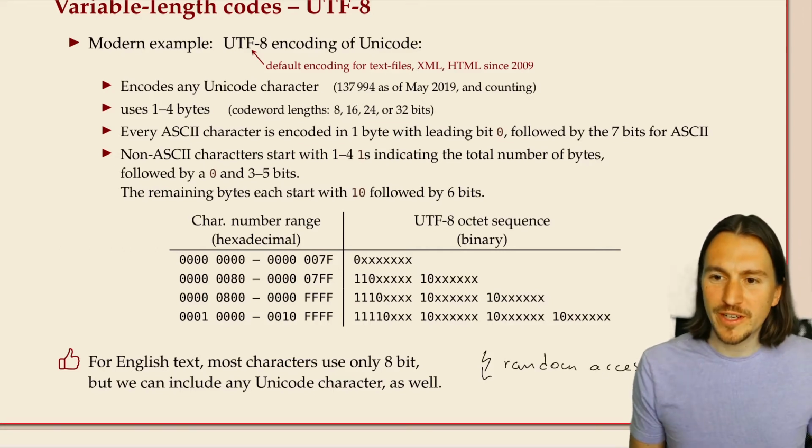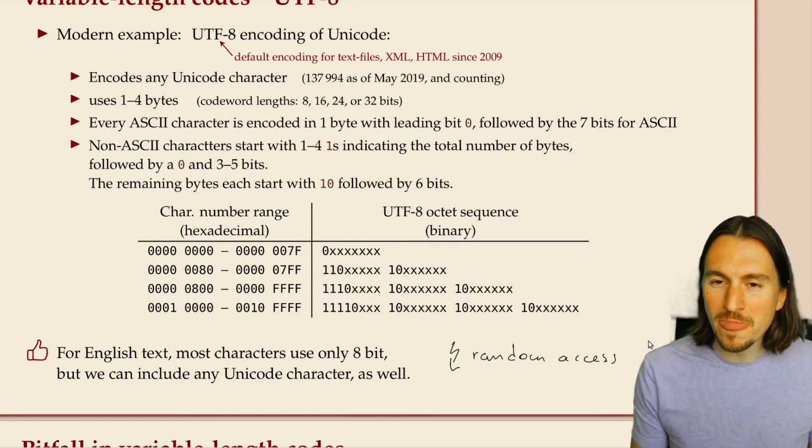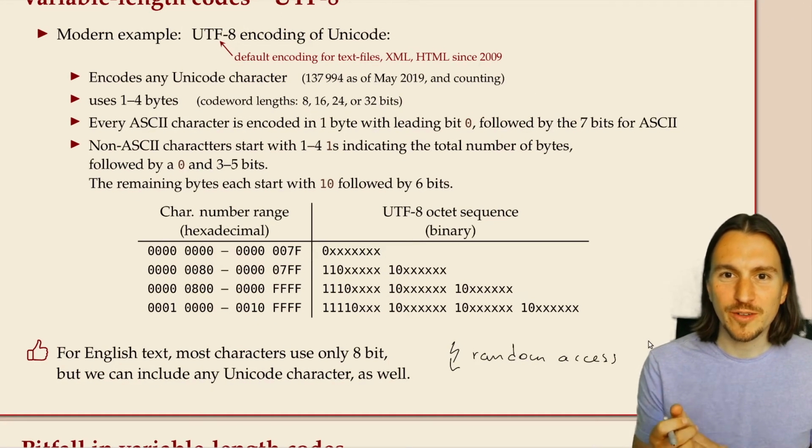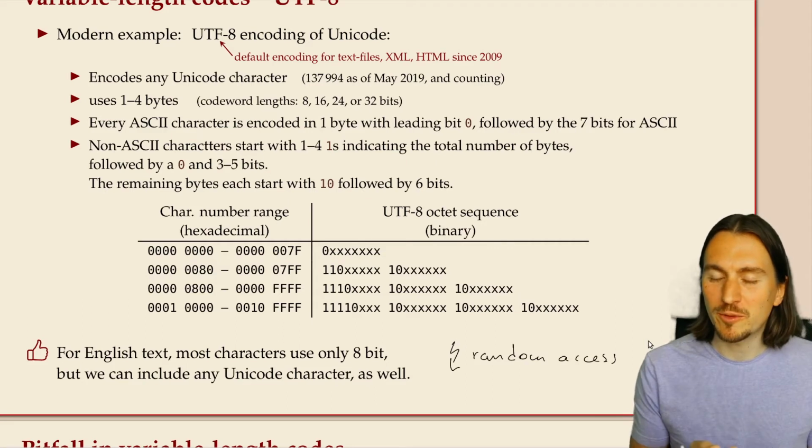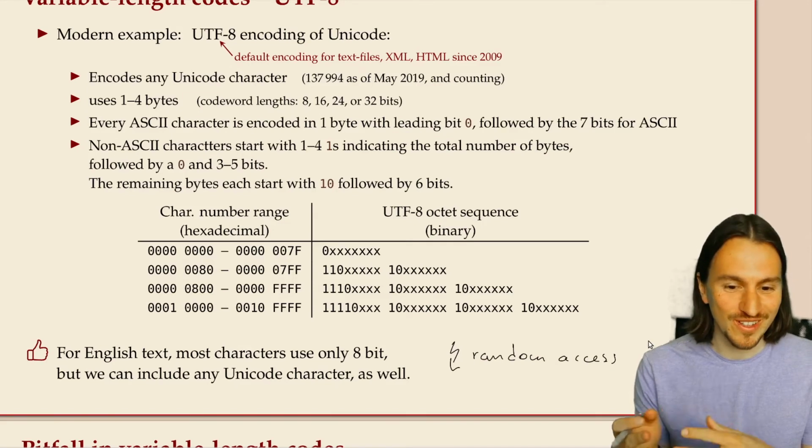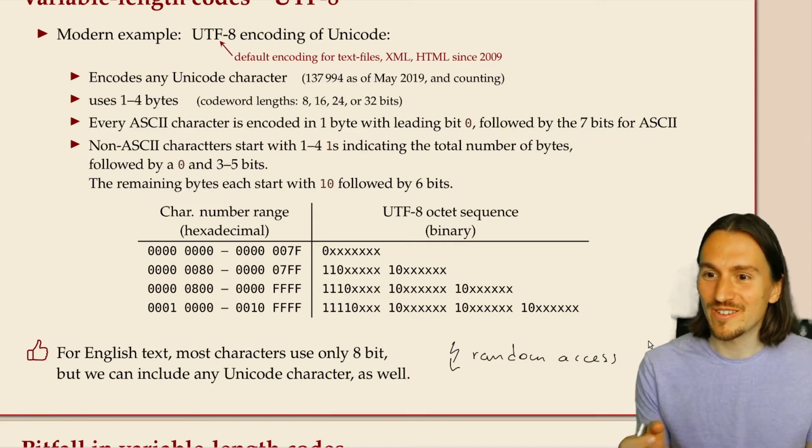So maybe for text files, this is not such a big deal. But if you think of a programming language that represents strings, you probably don't want to use UTF-8 as the encoding there, because how could you jump to the 42nd character in the text?